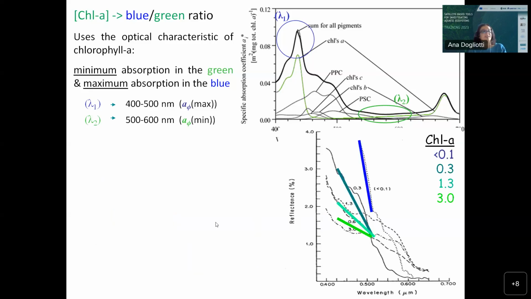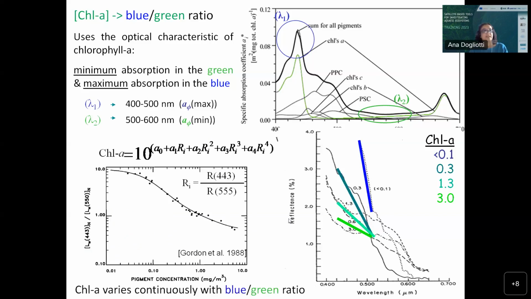So taking this ratio between the blue and the green gives a difference in slope, and it's basically related to the pigment concentration.